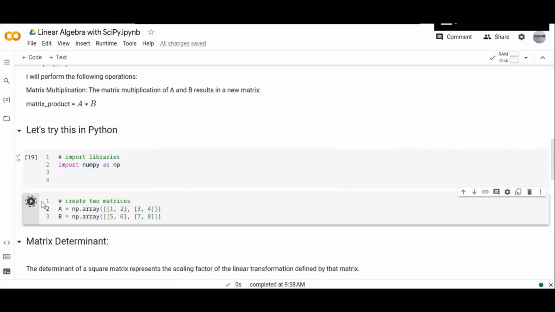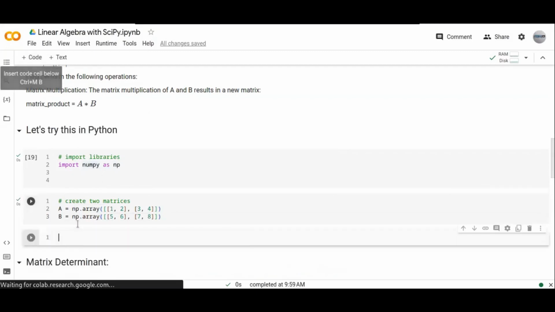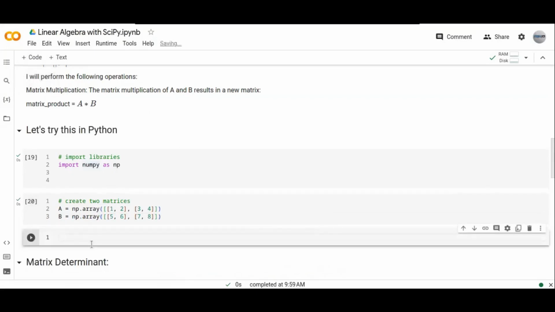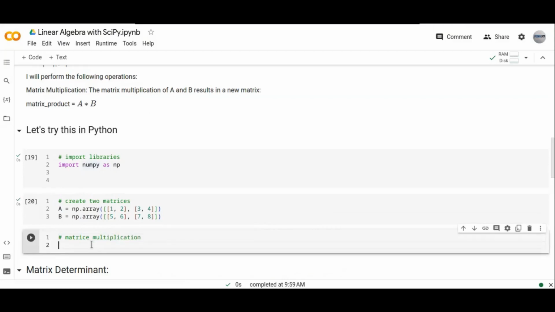Now I have defined two matrices, A and B, and I'm going to multiply them and create a new matrix from the product of matrix A and B. For the matrix multiplication, the product of matrix A and B, we can use np.matmul.